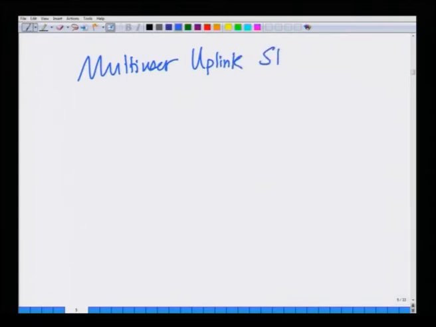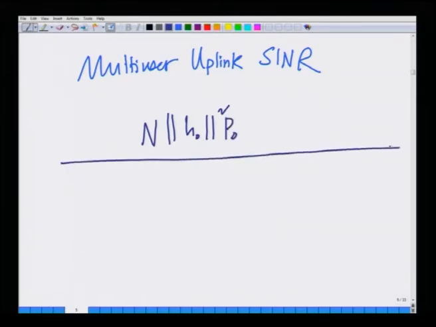multi-user uplink SINR is given as follows. The SINR equals n norm H naught square P naught. This is the signal power, there is no change in this. In the denominator, however, now I have the sum over k equals 0 to capital K of P k norm H k square.